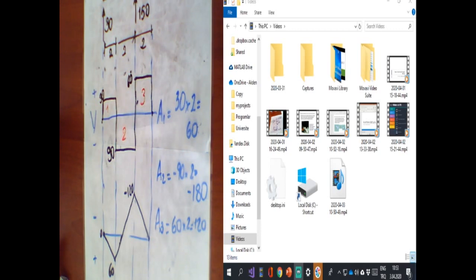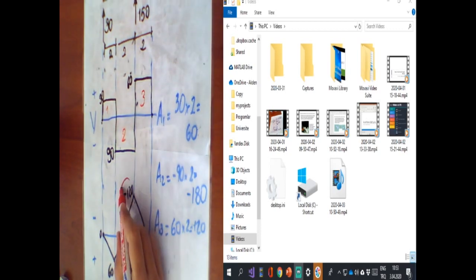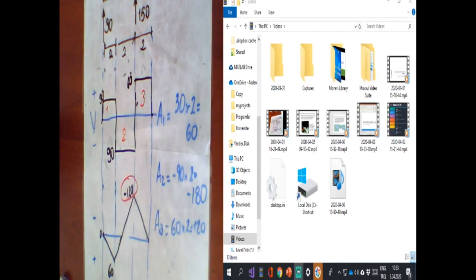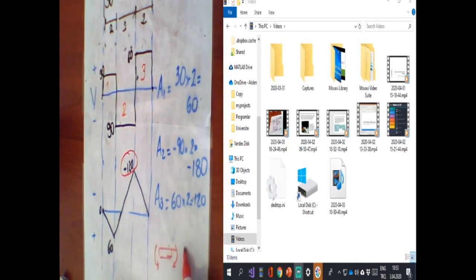You can see the maximum absolute moment is 120. Don't worry about the minus, because positive moment means it acts in that direction, and negative moment means it acts in this direction. But in both cases we have the same magnitude of moment. Therefore, we have to consider the absolute maximum moment.